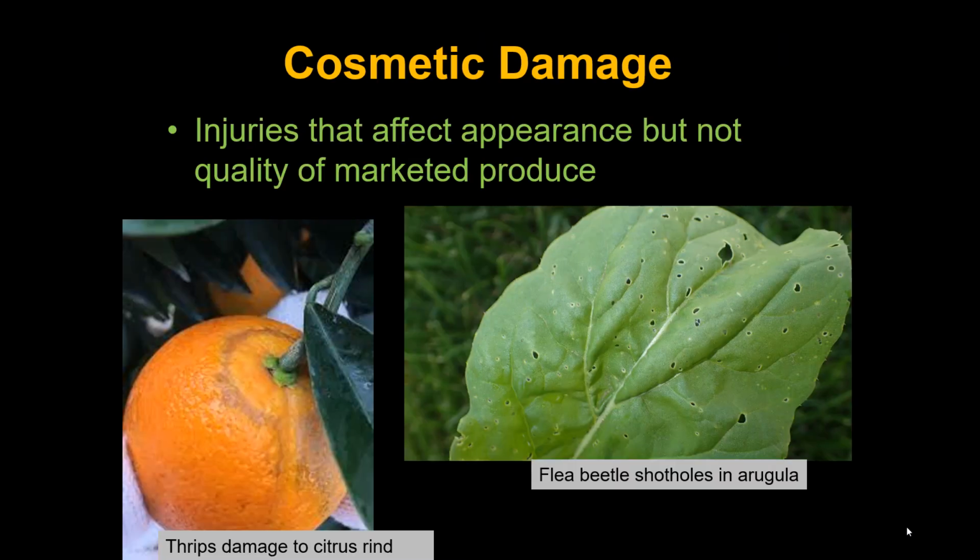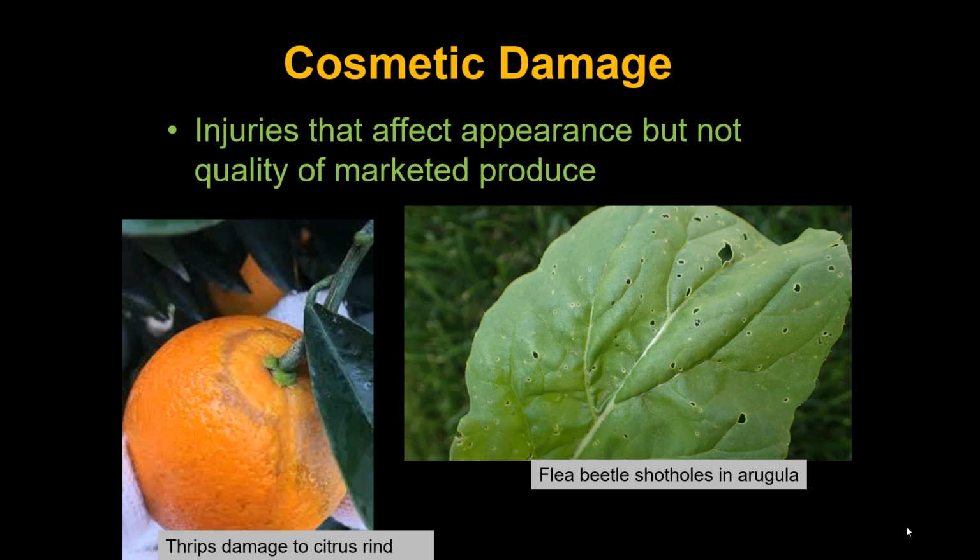And then I also want to bring up this idea of cosmetic damage, because this is very important in production of fruits and vegetables. Too important, unfortunately. But in this case, we're talking about injuries that are produced usually by insects, thrips, small beetles, that cause blemishing. They don't affect yield, they don't affect the taste or flavor, but they affect the appearance.